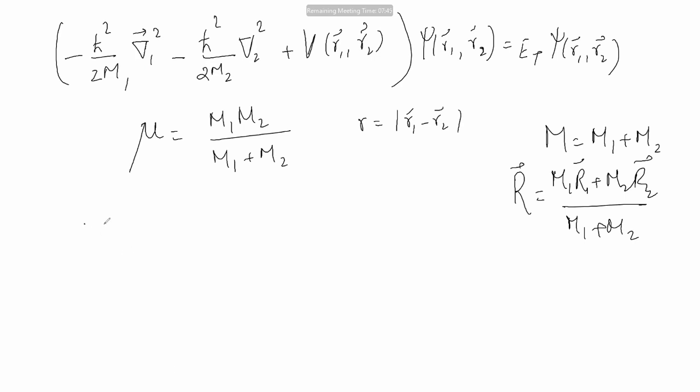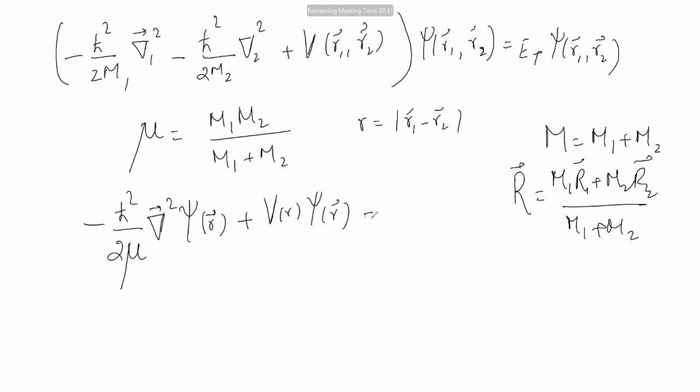Therefore, the Schrodinger equation that we get is minus h square by twice mu del square psi of r plus V of r psi of r is equal to E psi of r.